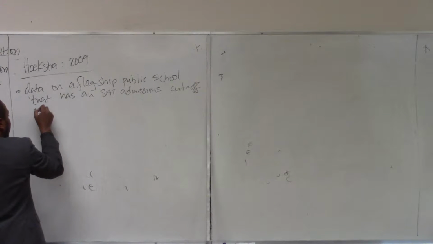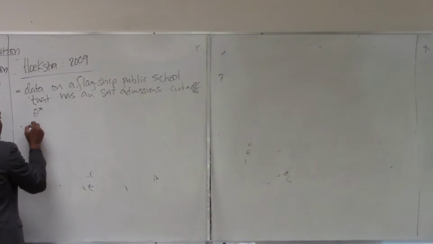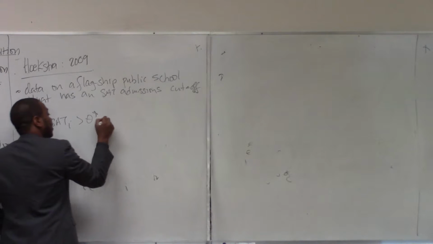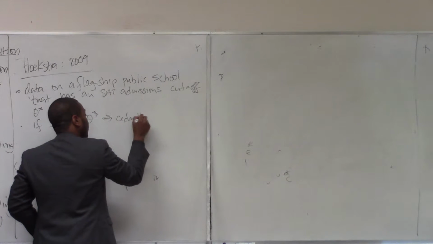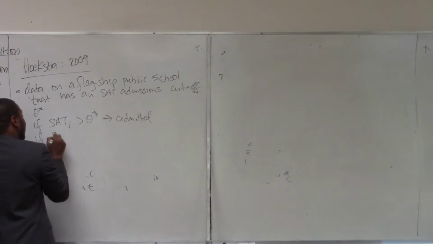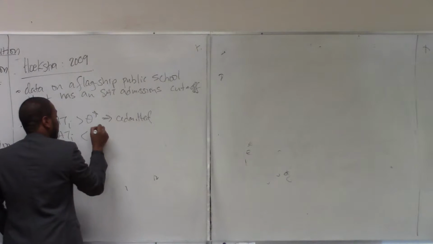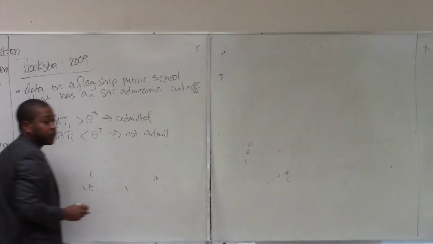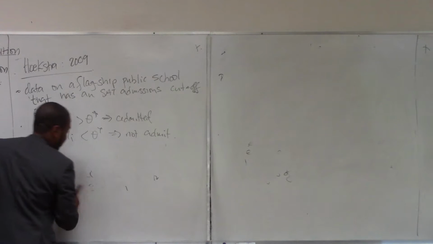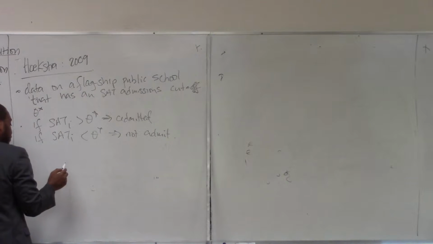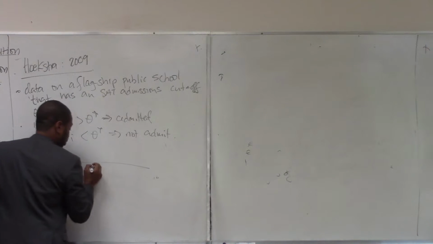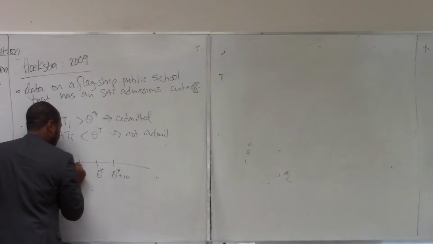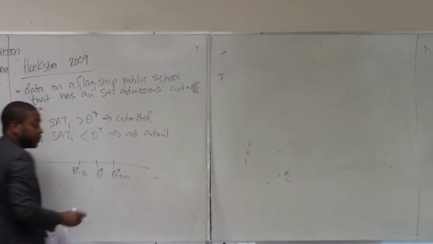Let's call that theta star, right? So basically, if the SAT of person i is greater than theta star, then you're admitted. If your SAT is less than theta star, then you're not admitted. The key idea here is to look at a window around theta star, so theta star plus 10 and theta star minus 10.